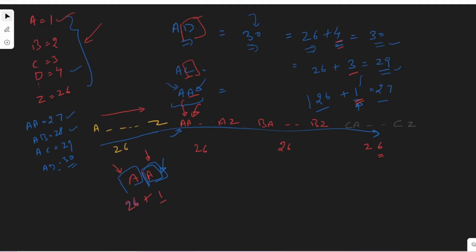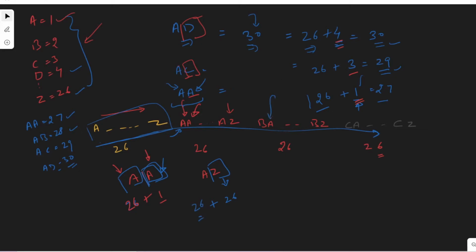Or let's say AZ. For AZ, we take Z as a single digit series, so that represents 26. And as we know that we have already passed this single digit series for A, we added 26.